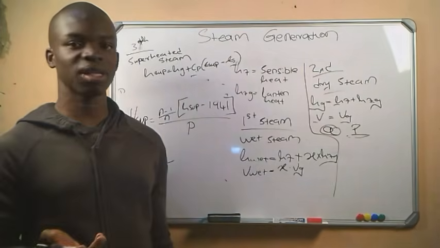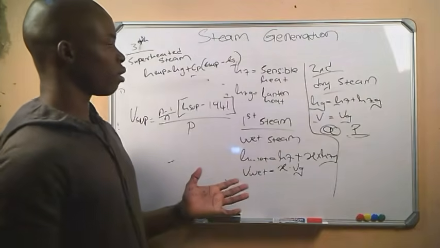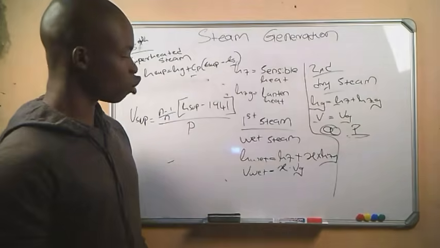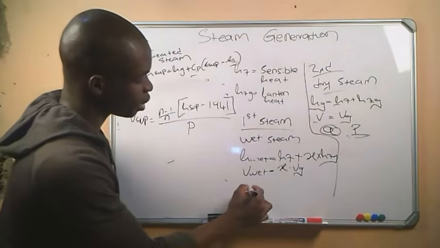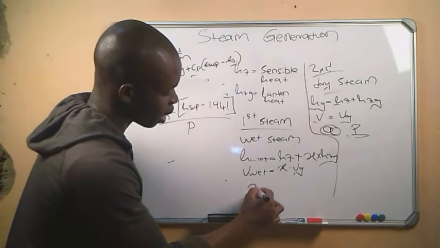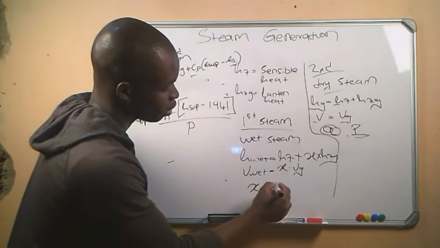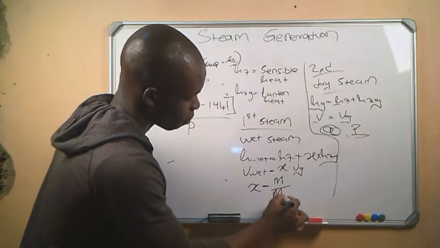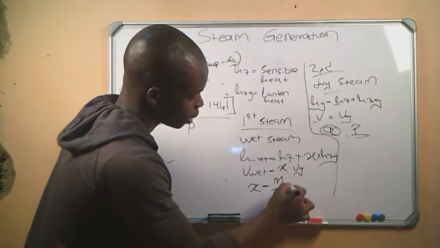So this is basically everything that we will need in this topic. And in wet steam, we can find X, if it is not given, by this formula: M divided by M plus small letter m.